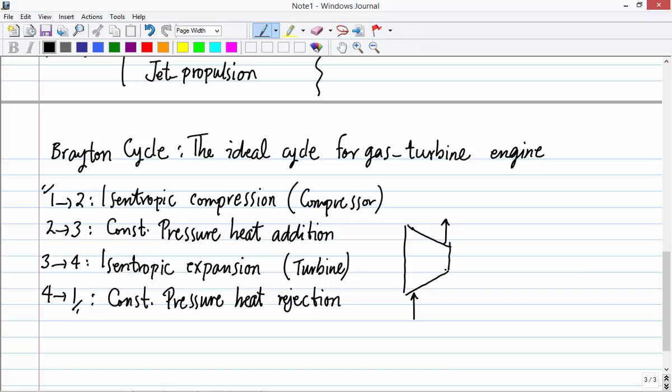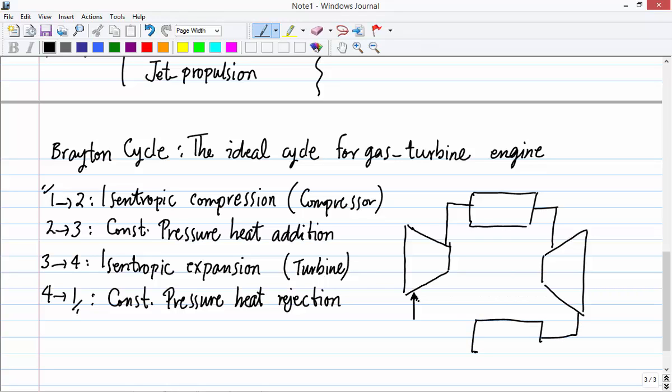Now this is gonna be connected to a heat exchanger, and then the outlet would go to the turbine, and here the gas expands. Then the outlet goes to another heat exchanger to reject the excess heat.